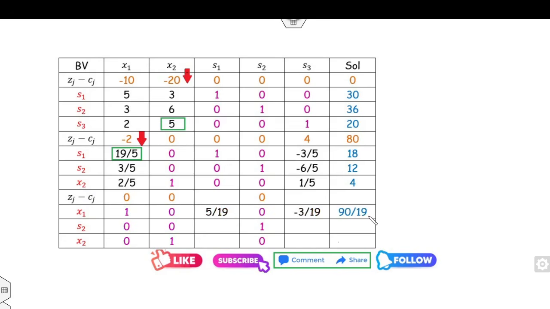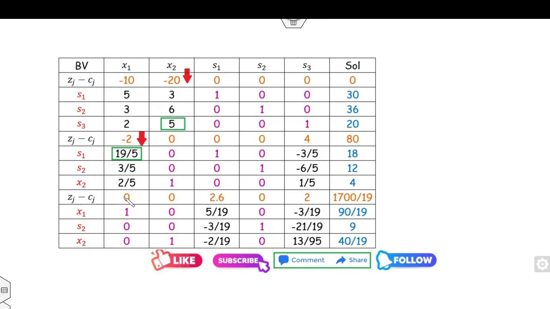Fine. And the rest of the task is similar. You can find the remaining values. For example, if you want to calculate this, the previous value is 0, the pivot element 2 by 5, 1. Start from the pivot element: 0 minus 2 over 5 divided by 19 over 5. So clearly this number is minus 2 over 19. Similarly, you can find the remaining elements. You will get the answers.